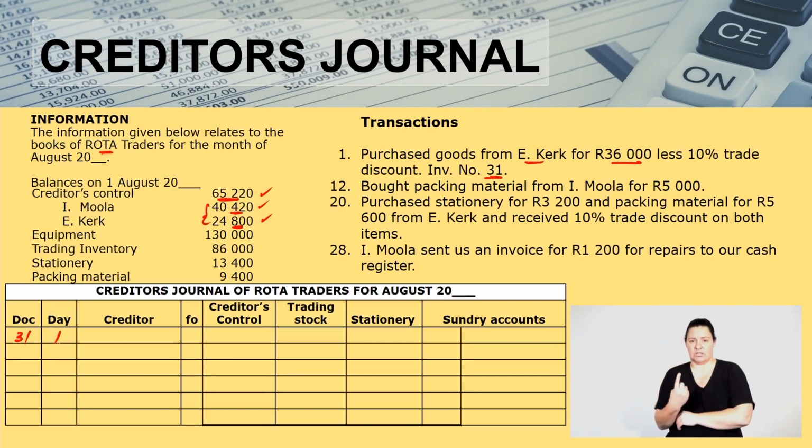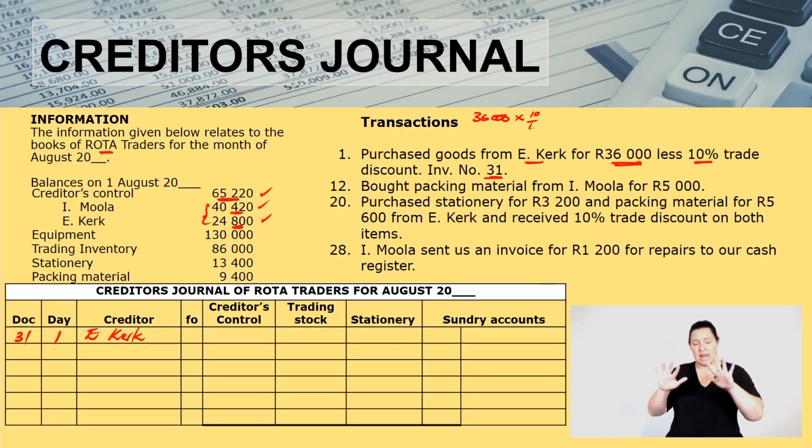The day is the 1st. The creditor, it is E. Kirk. And then creditors control. We bought goods for 36,000, but we were allowed a trade discount of 10%. So there are several ways in which you could have done this. Number one way was you could have said 36,000 multiplied by 10 over 100.